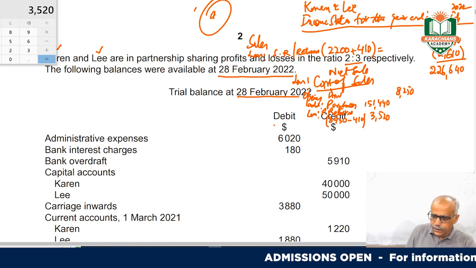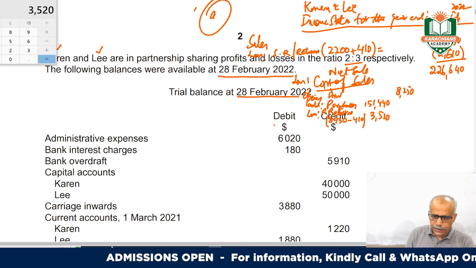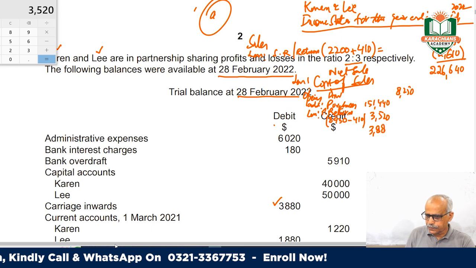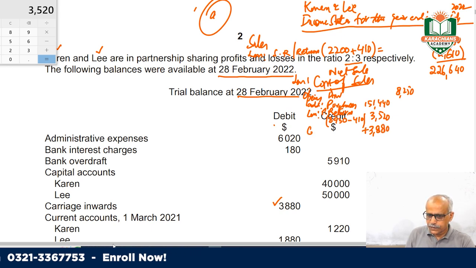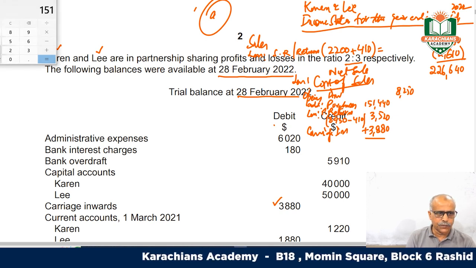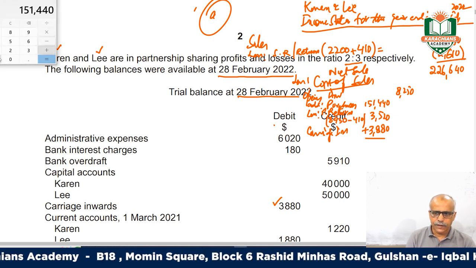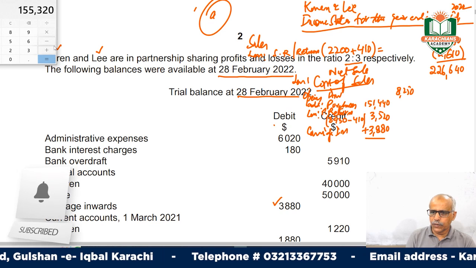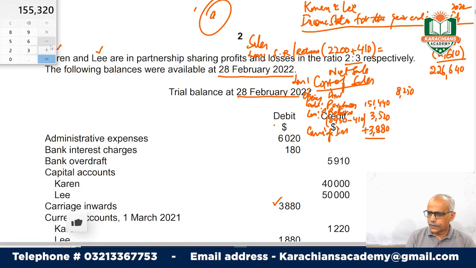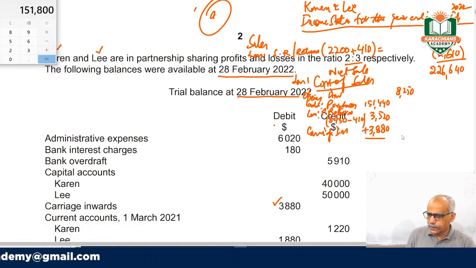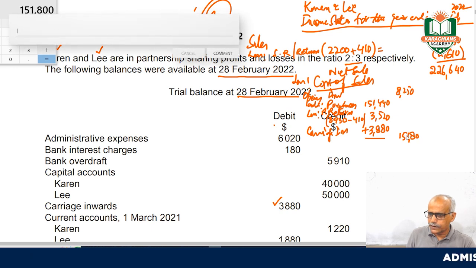And then you see if there is any carriage. Carriage inward, you paid this on purchases, 3,880. Carriage inward you have to add. So 151,440 plus 3,880, then minus 3,520, gives 151,800.